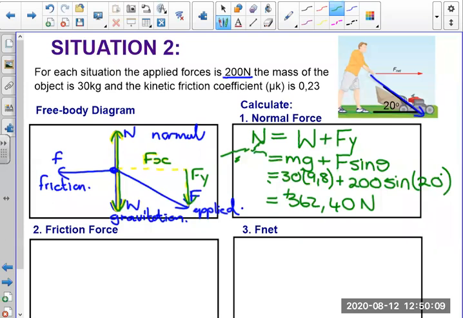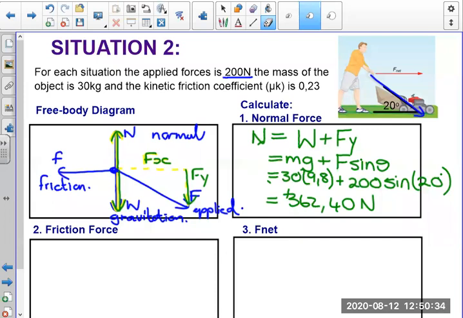So if you only have 1 decimal place, the marker can decide to mark it wrong. So even if it's a 0, just put it in, because it indicates that you know what 2 decimal places are. Okay. Now that's the normal force. Sorry, it was my book that pressed against the board there.